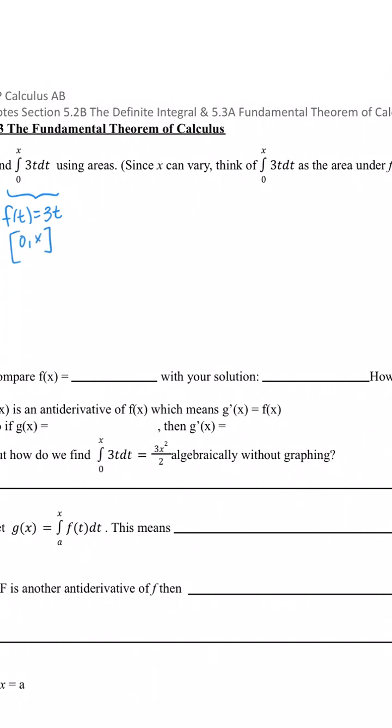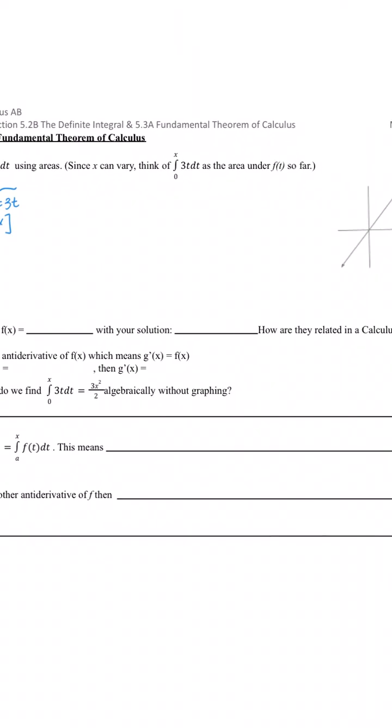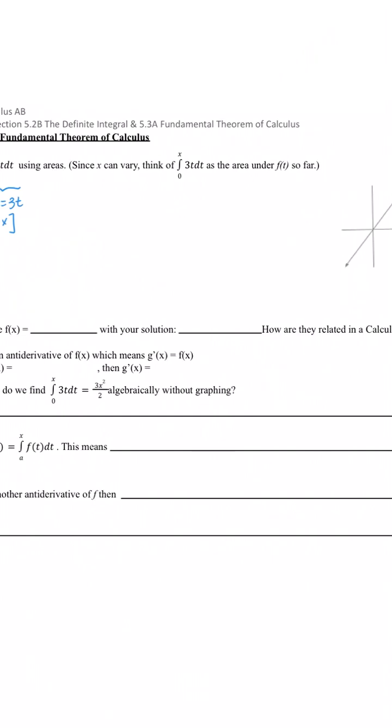So I want to cover the whole thing. Since x can vary, we can think of this integral as the area under the function so far. So that means that it's a function. That means that we can find out what this area is at any given value of x.